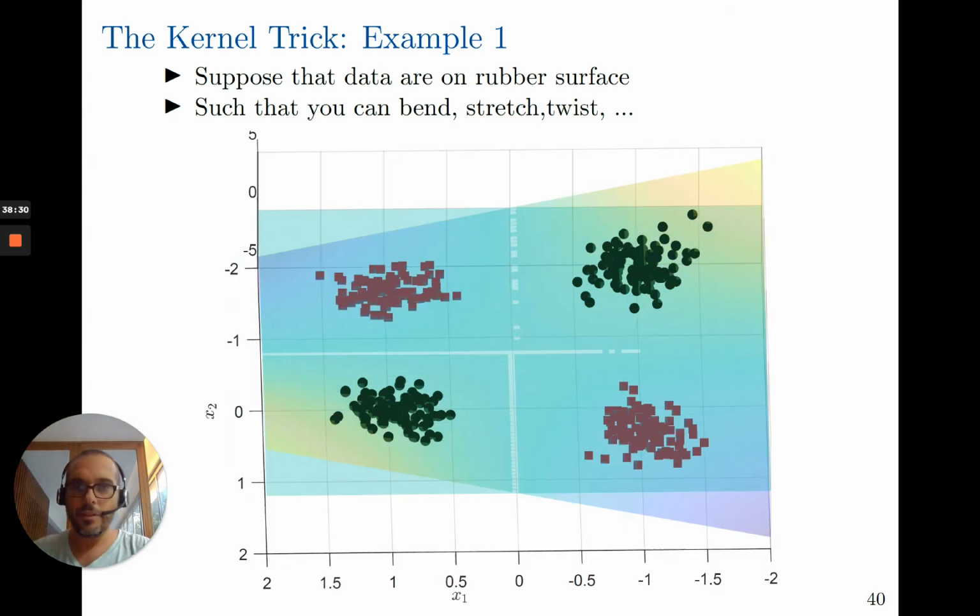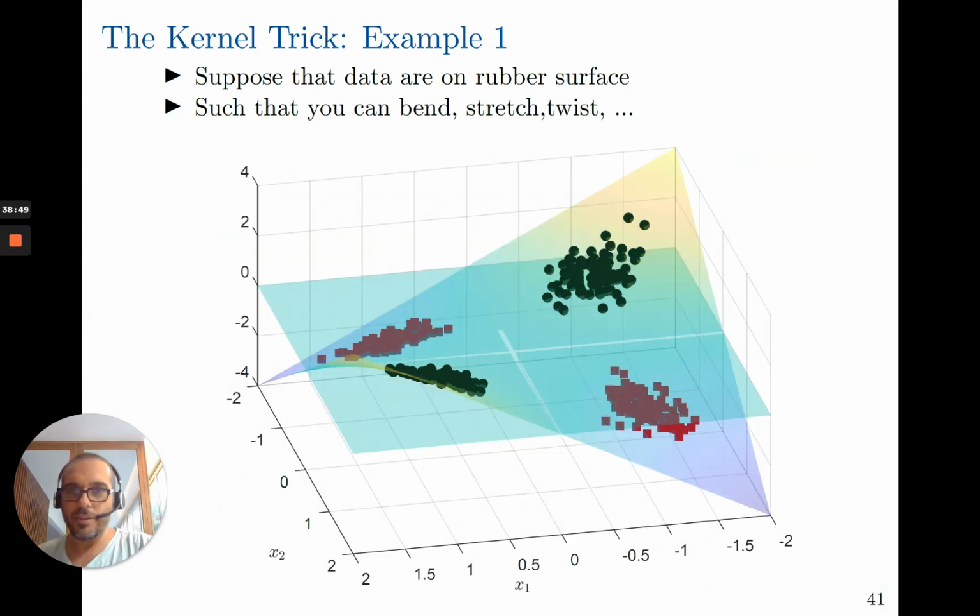This is the movement that we are doing. We are putting down the extremes related to the red dots, and we are moving up the extremes related to the green dots. So this is the transformation that we are making with this rubber surface.